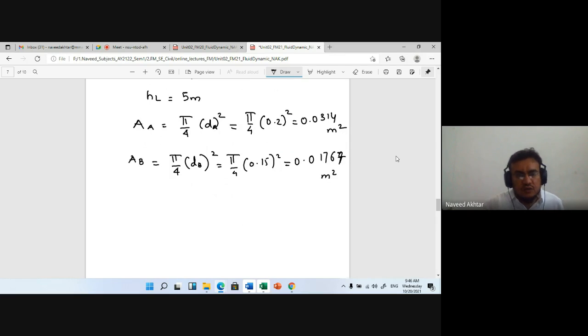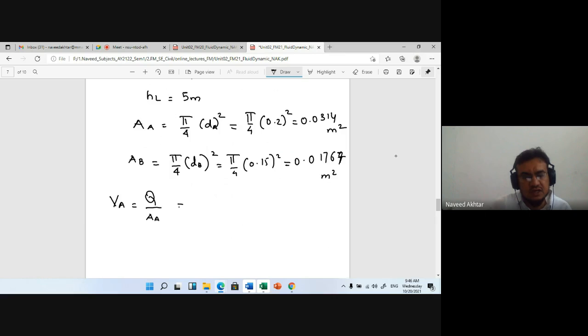Now we can find out, because you know the area and discharge. So I can write that velocity at A will be nothing but Q upon A. Q is the same at A and B, because discharge will be same.